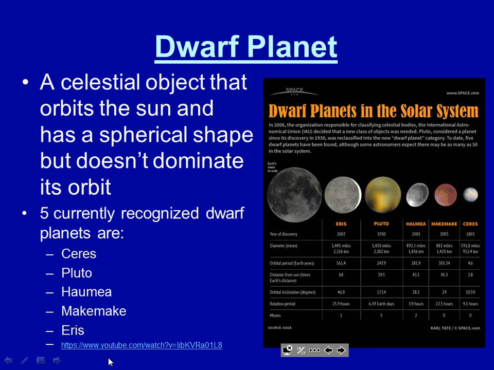Pluto's orbit is very elliptical and not very circular, so that it dips in closer to the sun than Neptune does every so many hundred years. And for a period of time when I was a kid, Pluto was closer than Neptune. So the order was wrong.